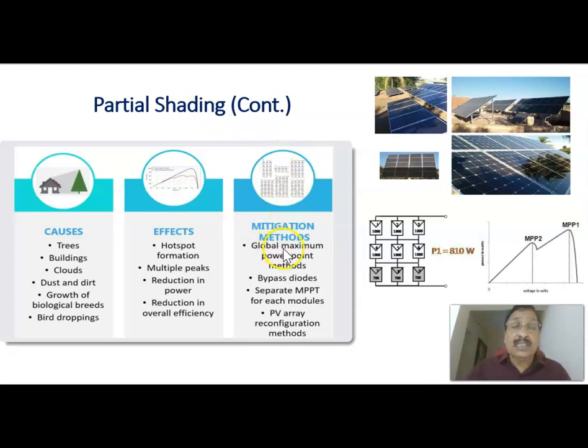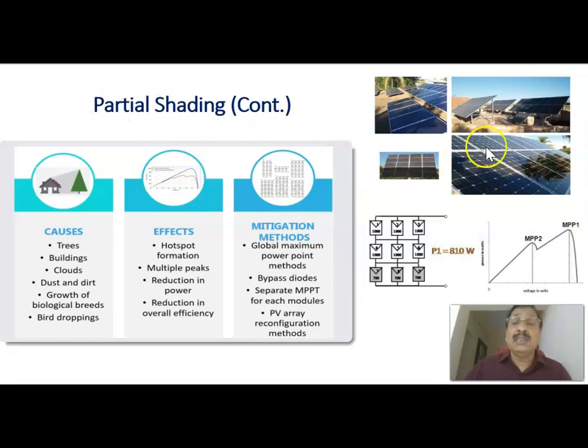And there are different mitigation techniques: global maximum power point tracking methods to locate the global maximum power point, bypass diodes, a separate MPPT for each module, and reconfiguration of the PV panel. By these, to a certain extent, the effect of partial shading can be reduced.